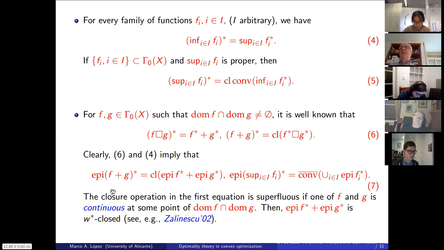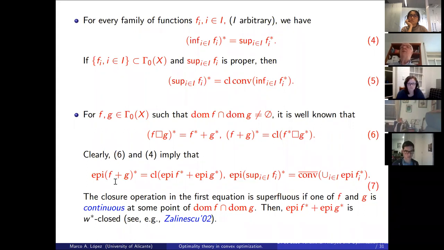I'm including some proofs, because this is a kind of class of convex analysis, and I will provide some sketches of the proof. The epigraph of the conjugate of the sum is this closure, and the epigraph of the conjugate of the supremum is the closed convex hull of the union of the epigraphs. Both expressions are useful and in fact are used in our arguments.